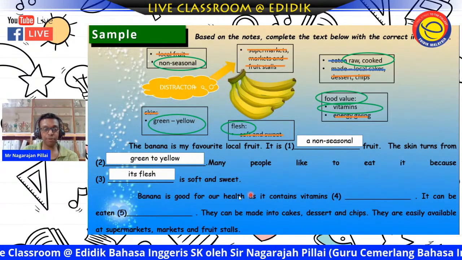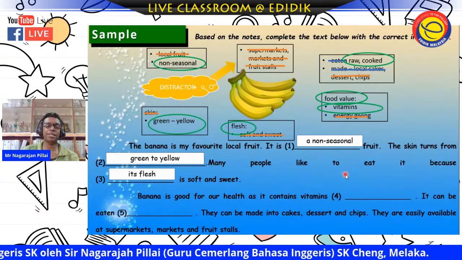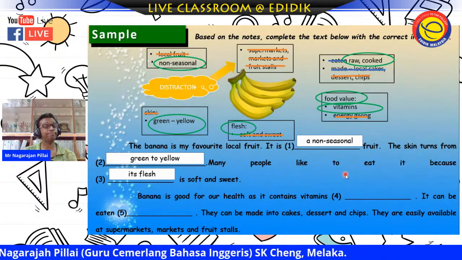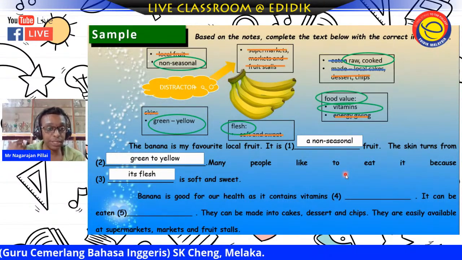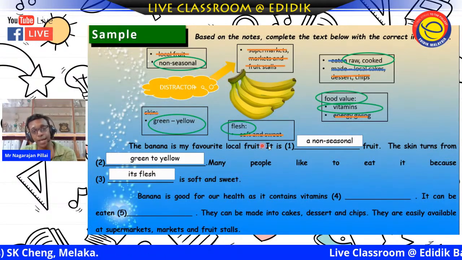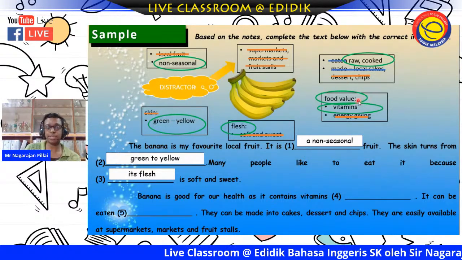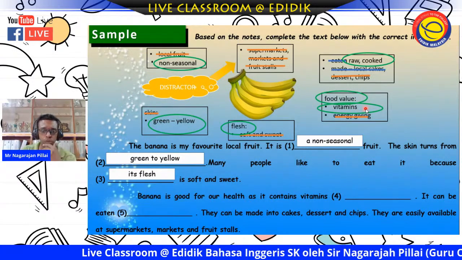Okay, let's do number 4. Banana is good for our health as it contains vitamins. We have used non-seasonal, we have used green, yellow, we have used flesh, and we are left with raw, cooked, food value, vitamins. Now, vitamins.